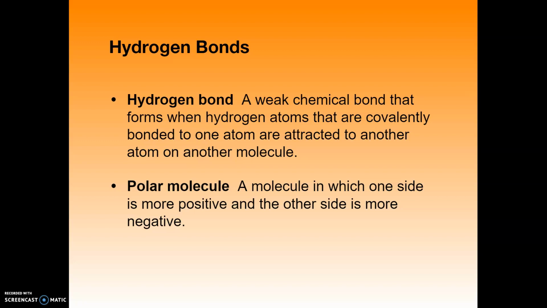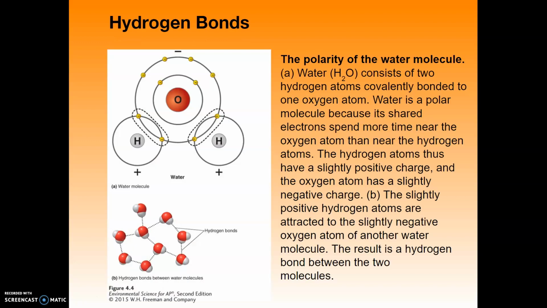Hydrogen bonds are not very strong, but they're particularly helpful in that they help create a lot of polar molecules, meaning one side is more positive or negative than the other. And this really changes the behavior of a substance like water.